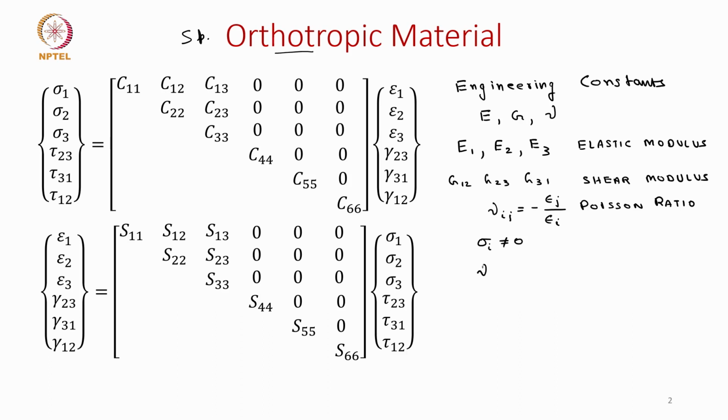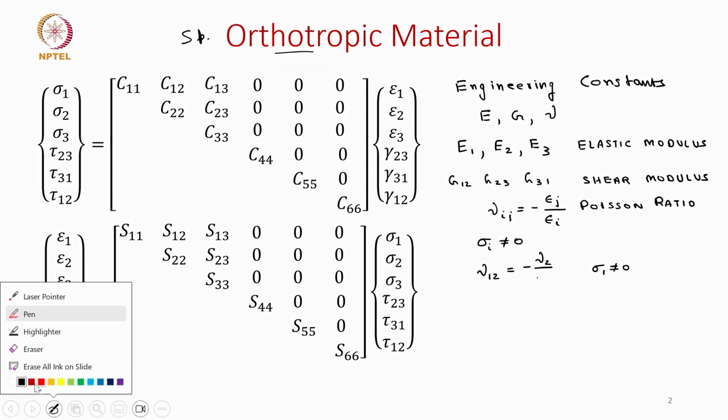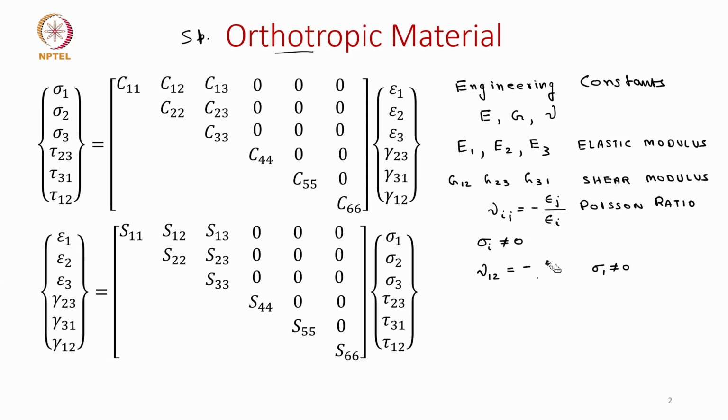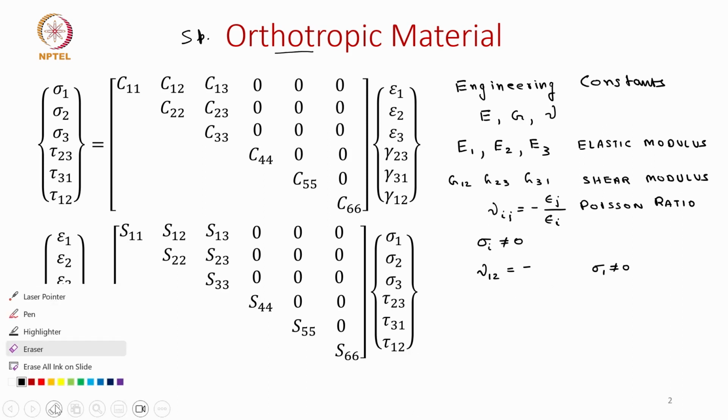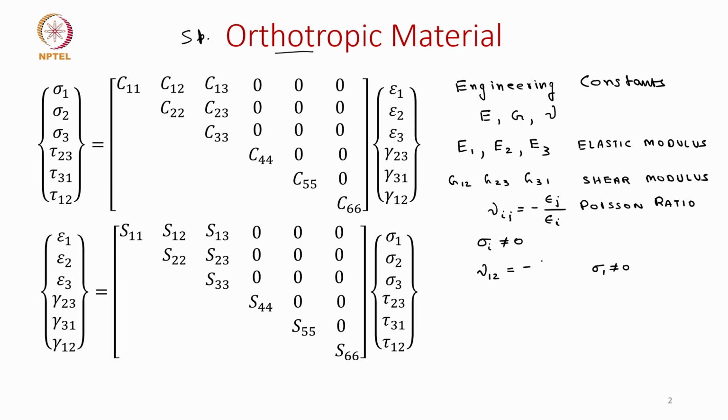For example, nu 12 means we are talking about a load in the 1 direction, and the ratio is epsilon 2 by epsilon 1. So, the numerator is the direction we are interested in, and the denominator is the direction in which the load is applied.